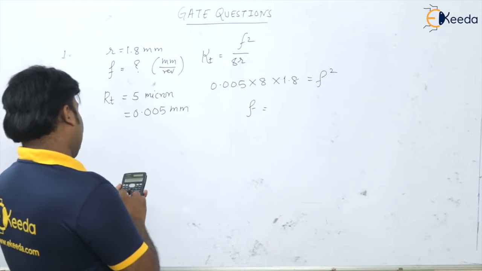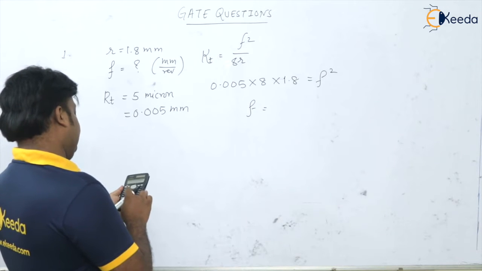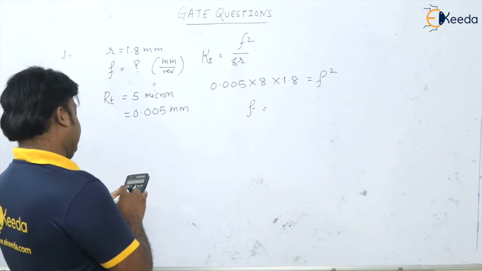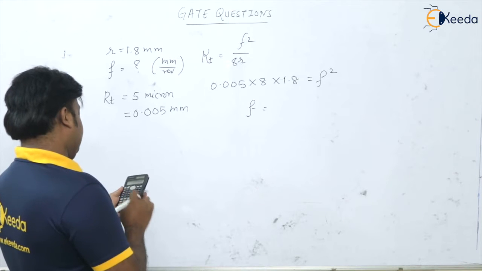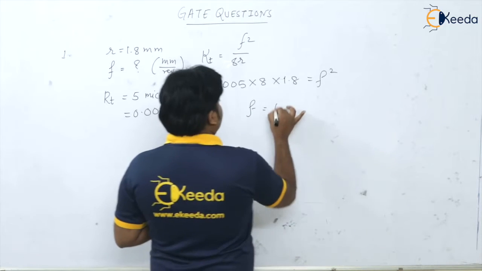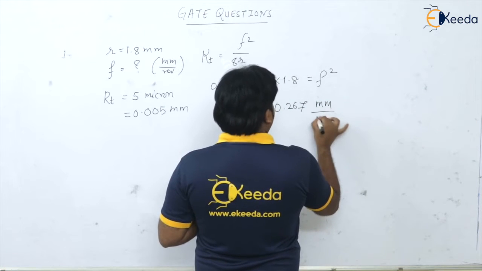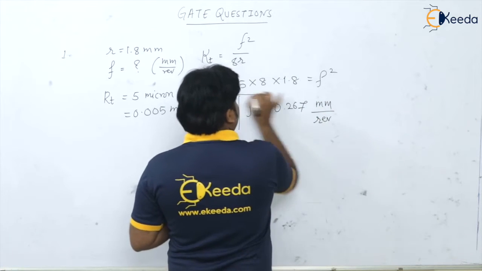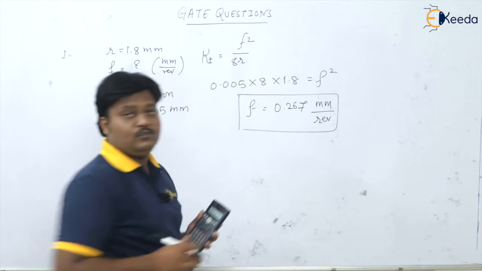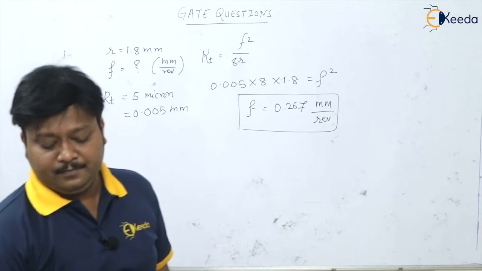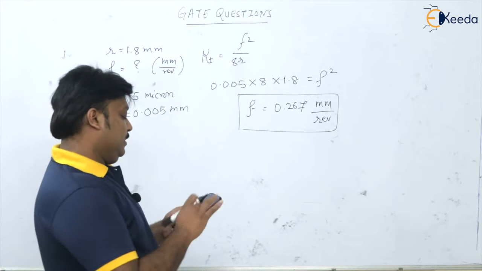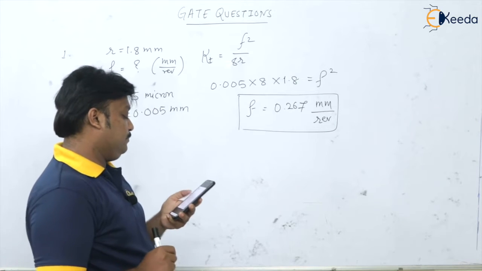That is 0.005 into 8 into 1.8. The root of the answer is 0.267 in millimeter per revolution. So this is the correct answer, 0.267. Very simple. Go for the next question.